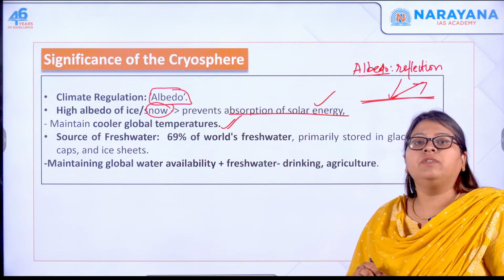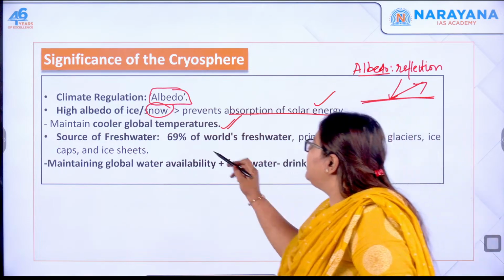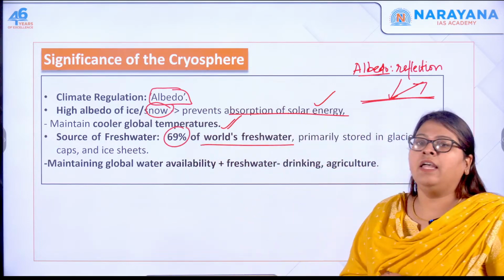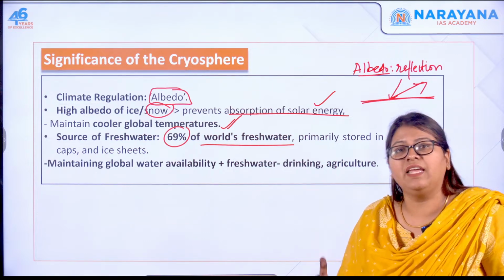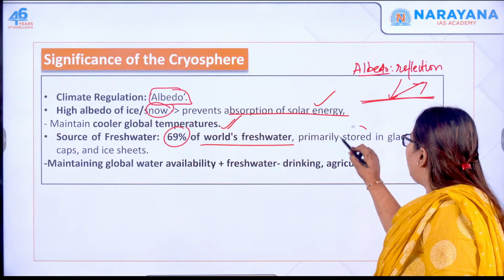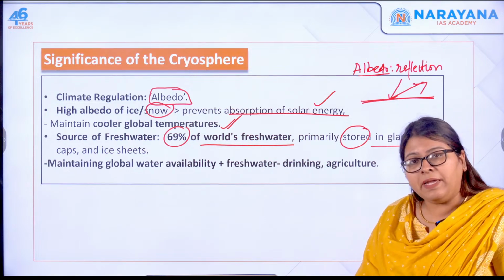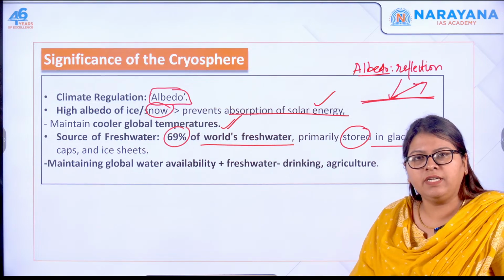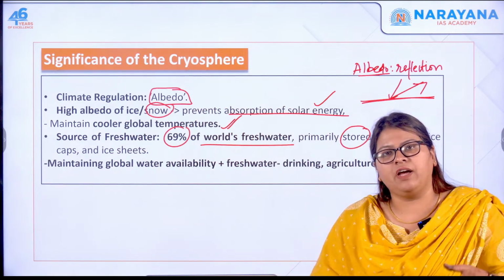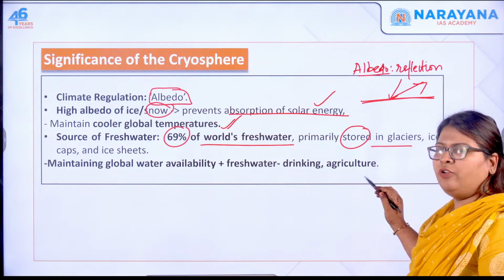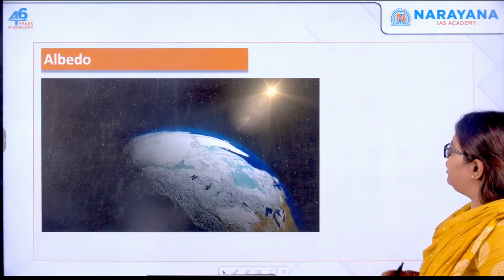And also the cryosphere plays an important role as a source of fresh water, because 69% of the world's fresh water is in the cryosphere, in the form of ice sheets, glaciers, etc., and it is primarily stored in glaciers. That's what I told you. It also maintains global water availability and provides fresh water for different purposes, like agriculture, industries, and all other human activities. Okay, so this is what it is. Now moving forward, this is actually your albedo.